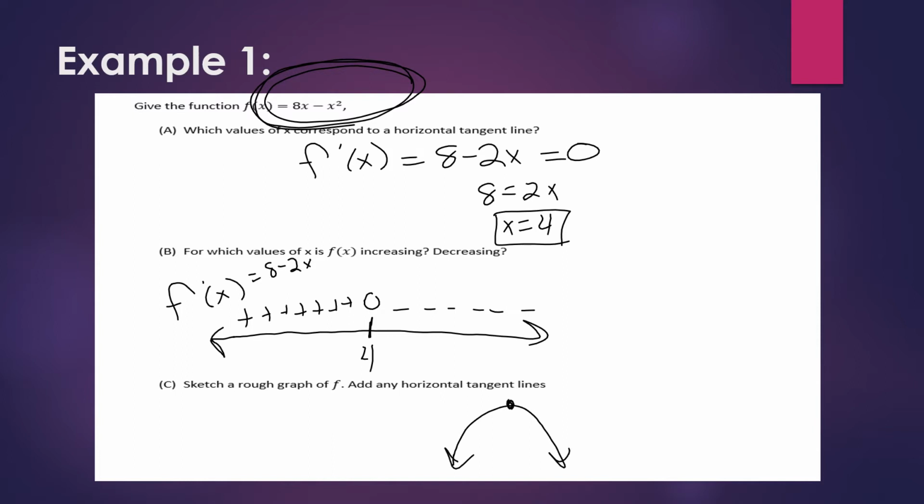This will be at x equals 4. It gives me a horizontal tangent line. And, well, I guess when I was saying there isn't any, I was thinking asymptotes. There is a tangent line. The horizontal tangent line would be there at x equals 4.